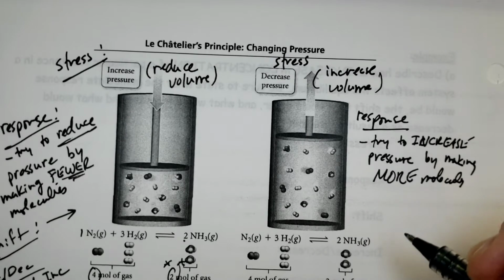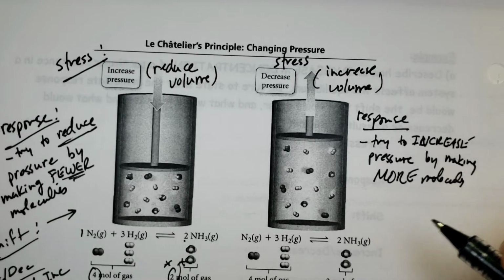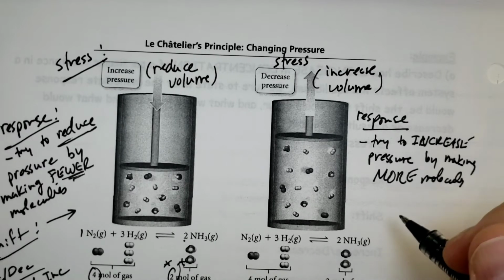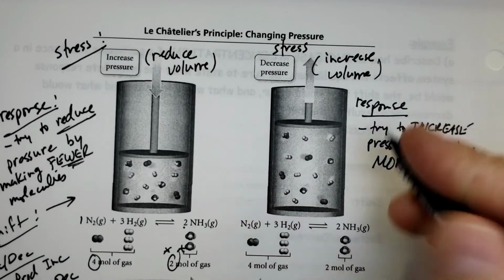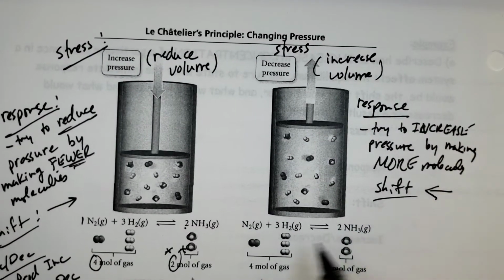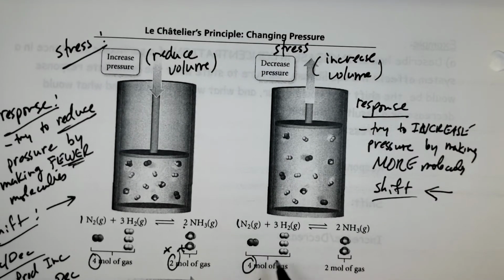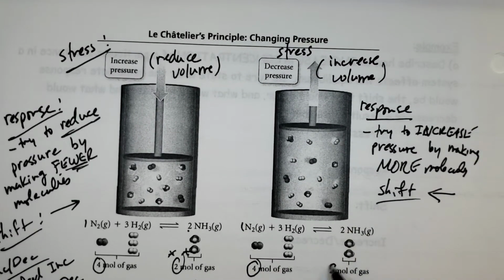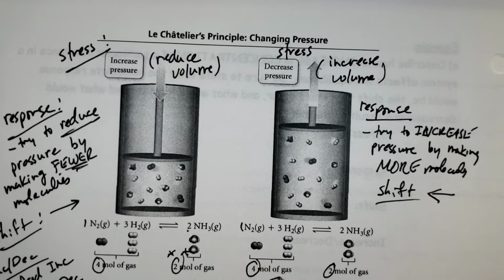Just like students in the classroom, if you have 10 people, that's a lot less pressure than having 50 people. So in this case, the shift will be to the left, because guess what? 4 molecules of gas versus 2, that side has more.